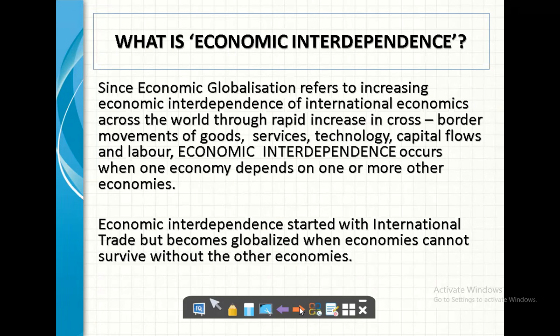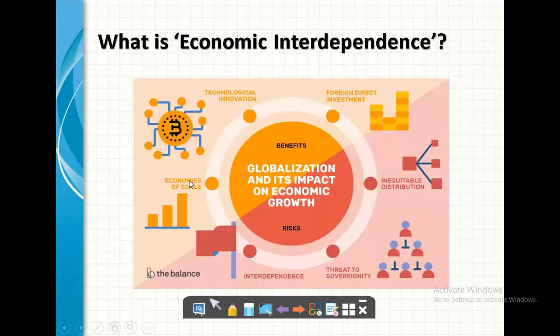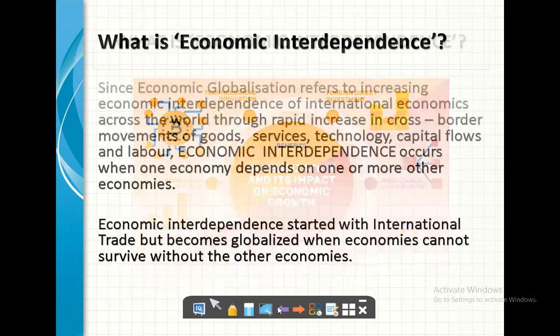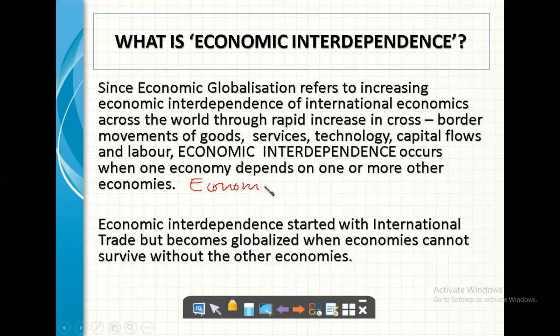So is PNG in this boat? Yes, we are economically interdependent.